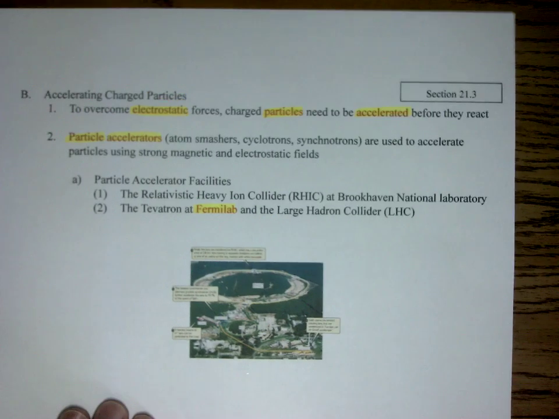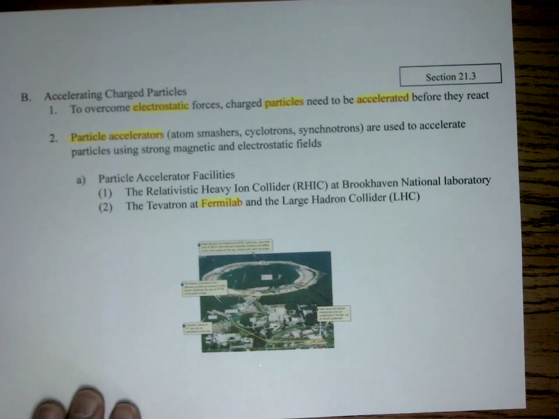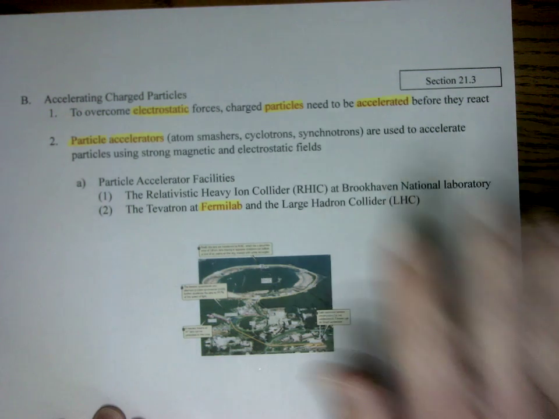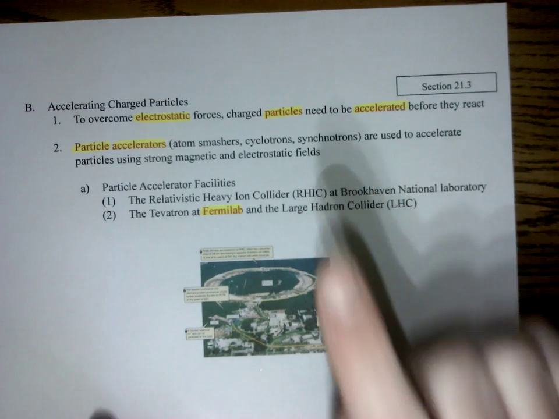We have to have a little help from these accelerators. A nuclear transmutation has to overcome those electrostatic forces, which, remember, electrostatic, think plus or minus, think like a magnet in this case.